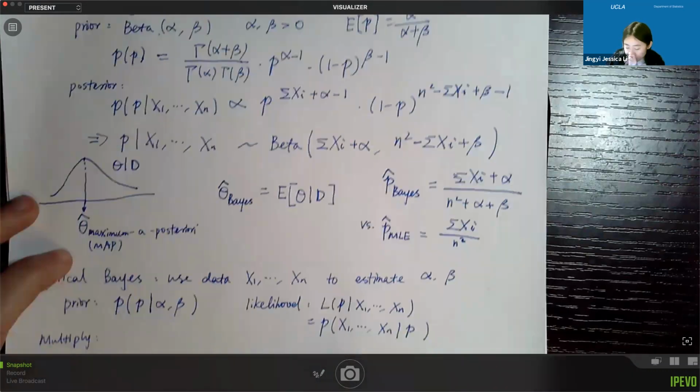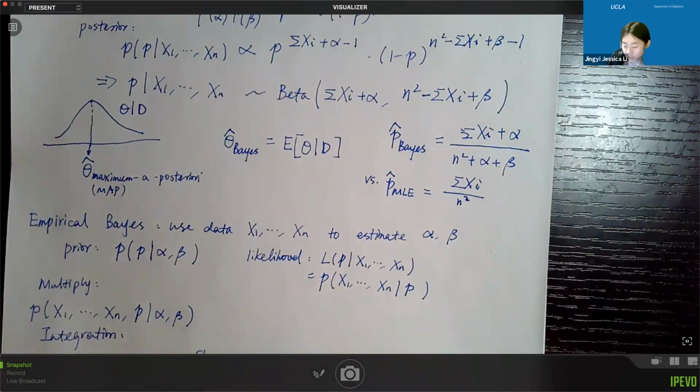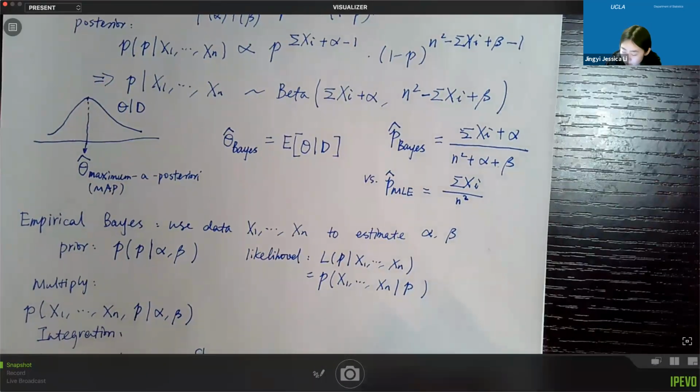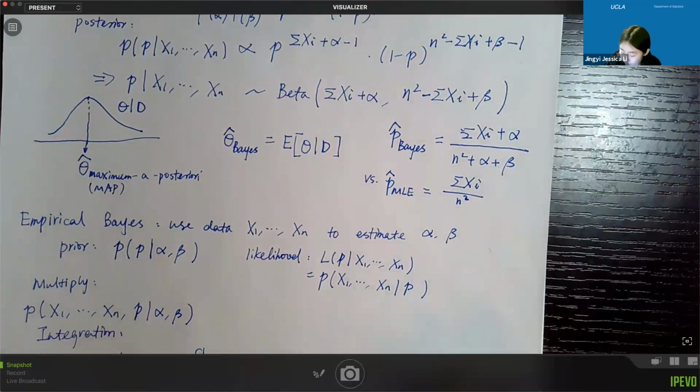Okay, so similarly, I'm going to leave out the detail, but just for your information, we can get the result, and this result will be a function with just alpha, beta, and the data. So we can think of this as a likelihood of alpha and beta given our data.